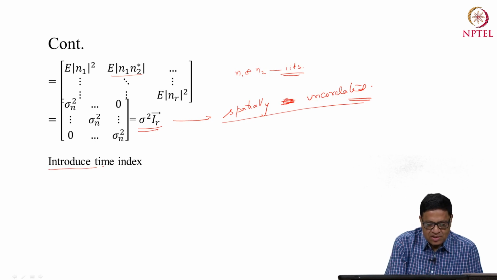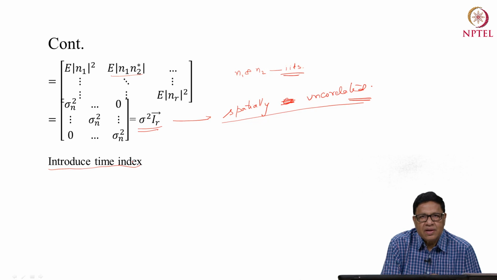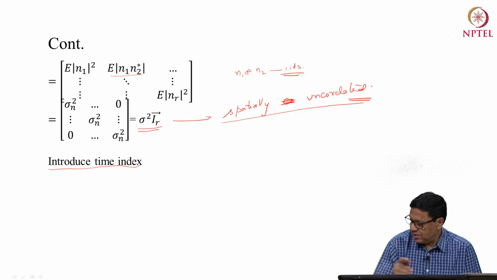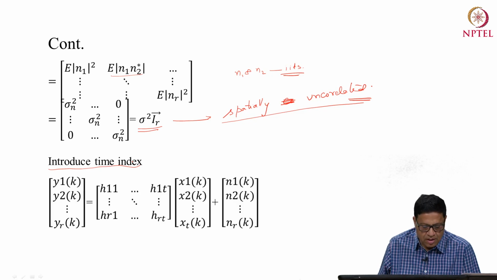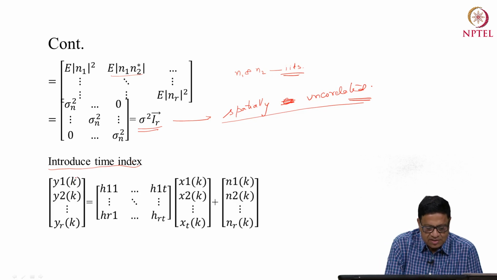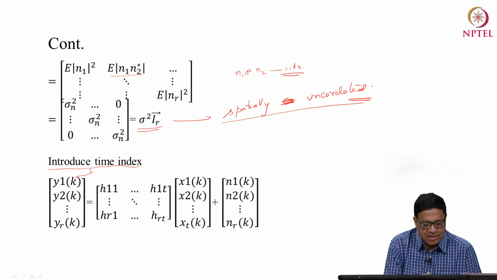Now let us introduce the time index and see what happens in the temporal domain, or the time domain. So this is y1 at the kth instant.